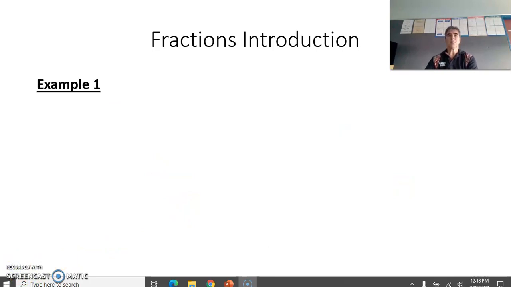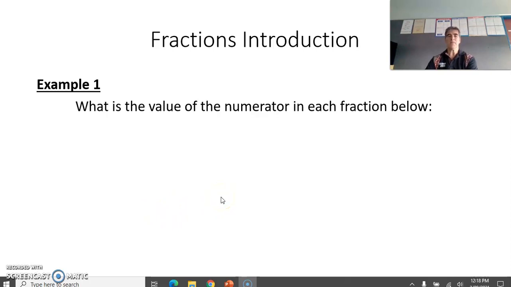Okay, so what we now need to do is just do a little bit of an example. So example 1, we're going to have a look at what is the value of the numerator in each fraction below. So we've got 3 fractions there. So we've got 7/10. So the numerator is 7, remembering the numerator is the number up the top there. And I like to remember the U there for up.